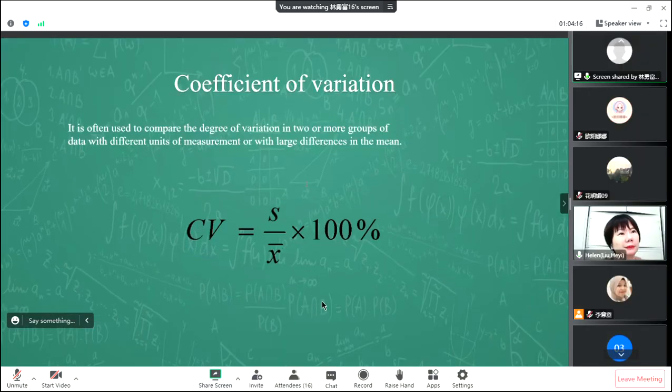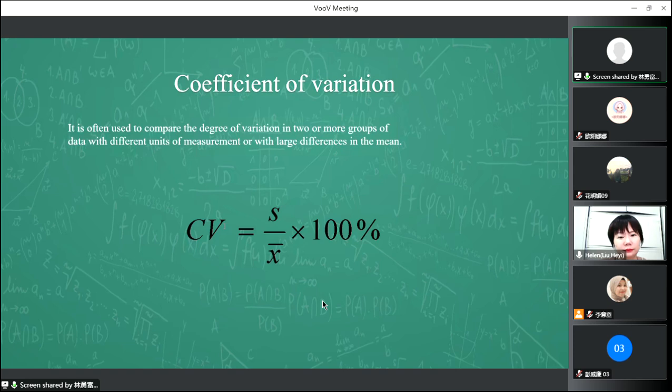Okay, so we will continue the coefficient of variation. We know this one is the formula. We already found the mean is 672.4 and the standard deviation is 564.65.